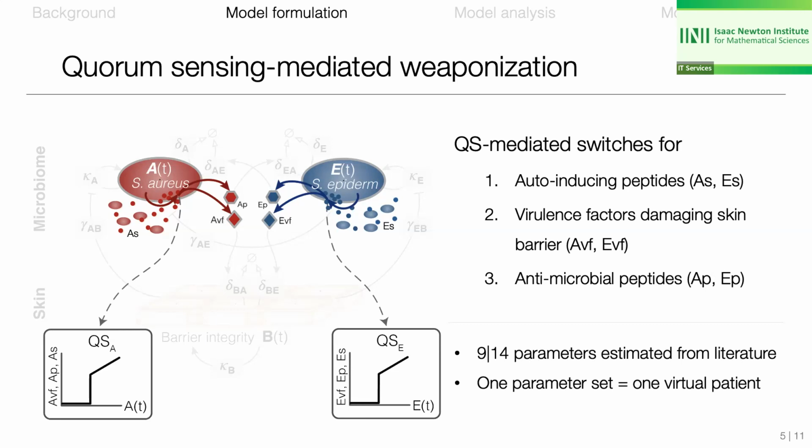But obviously, because of the huge uncertainties in the estimated parameter values, we explored lots of different parameter sets by randomly sampling over a specified distribution of the parameters. And we found that all of the patient types that we saw could be grouped together. So for the rest of this presentation, I focus on one particular parameter set, which represents one virtual patient.